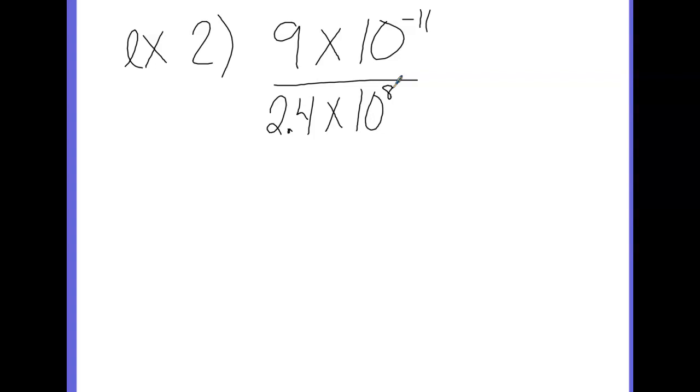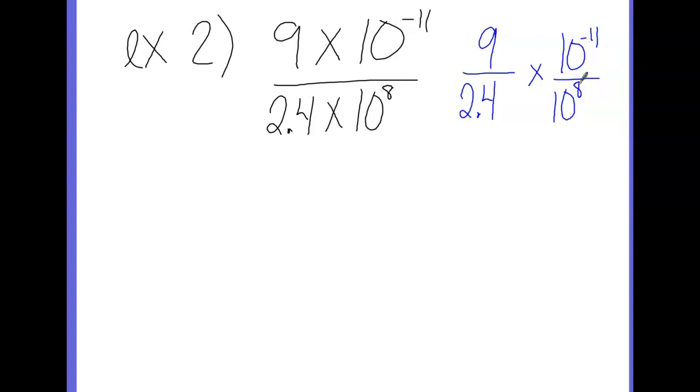What are my like things? My tens and my coefficients. Okay, so now I'm going to have 9 divided by 2.4 times 10 to the negative 11th divided by 10 to the 8th.